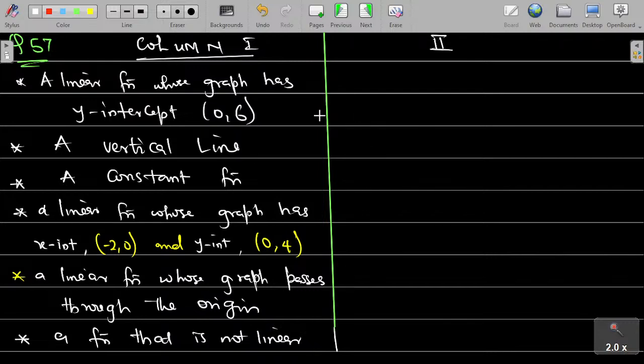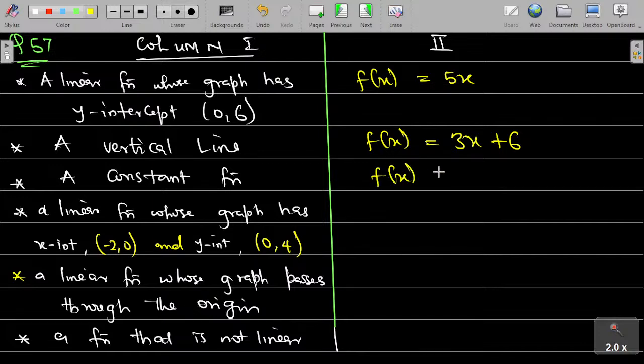All right, now on the second column, this is what they have. The first one, let me use this, f of x equal to 5x, and then they have the second one, f of x. Mind you that we are not doing the matching yet, they are just giving you a list, so you are the one that will now do the matching. The next one, f of x equal to minus 8. The next one, f of x equal to x squared.